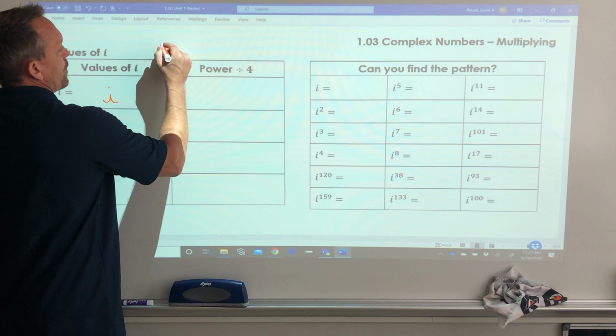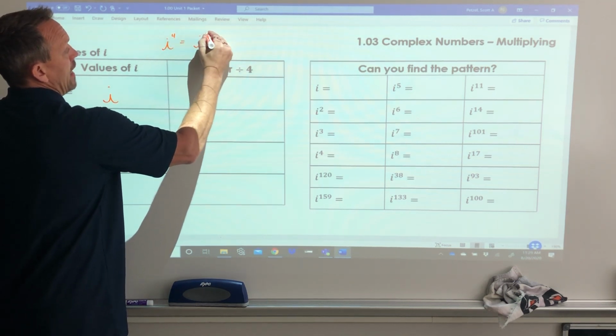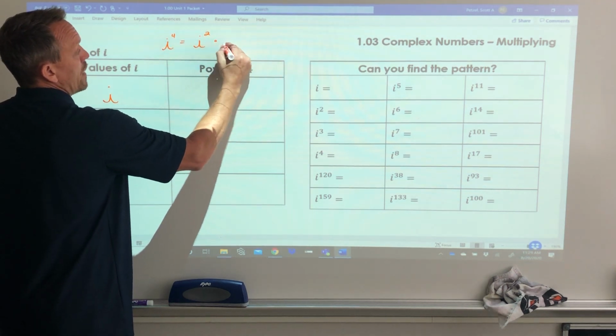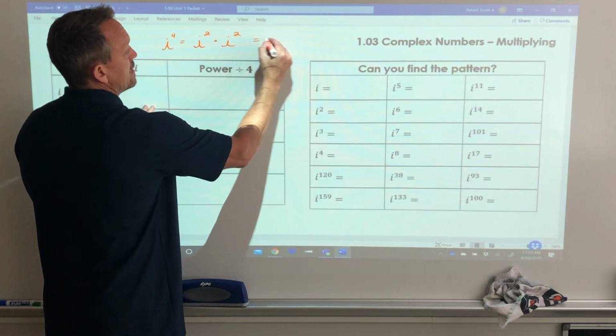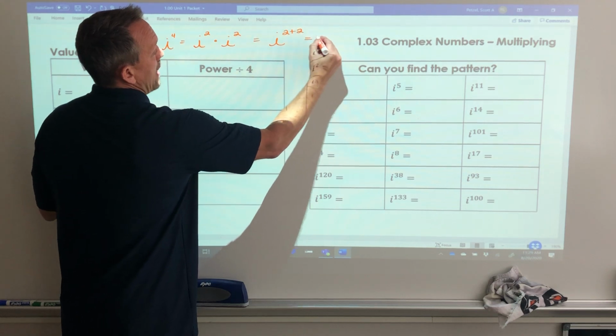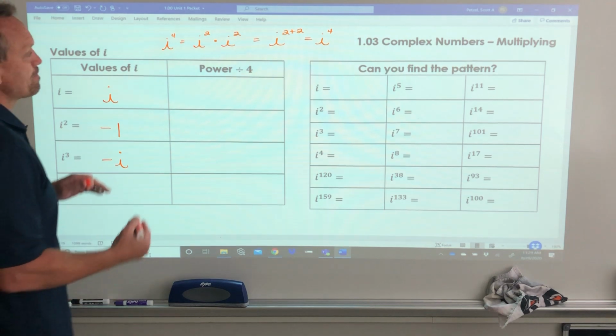Same thing occurs for i to the 4th. You could have an i to the 3, but I'm going to do it i squared times i squared. Reason why? Multiply like bases, add the exponents, and that's the why.